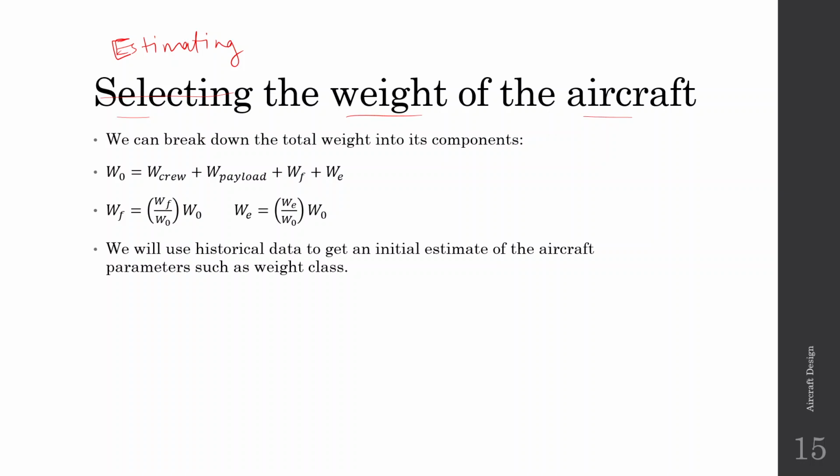So I think if we have a good idea about the size of the aircraft, then we can get an estimate of how heavy it is going to be. So we can break down the total weight into its components such as crew, payload, fuel, and the empty weight. So WF is your fuel.